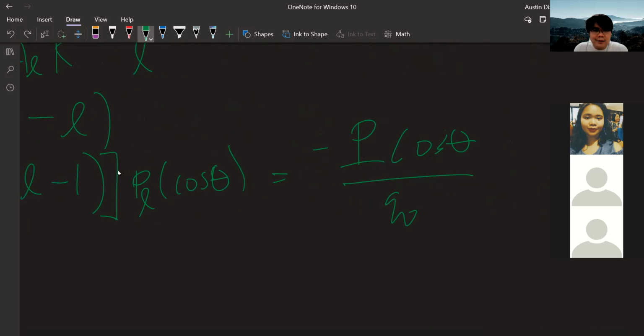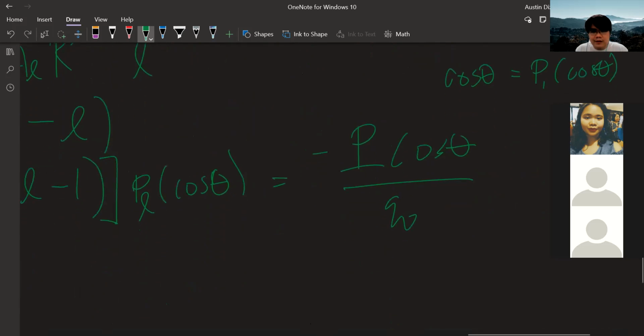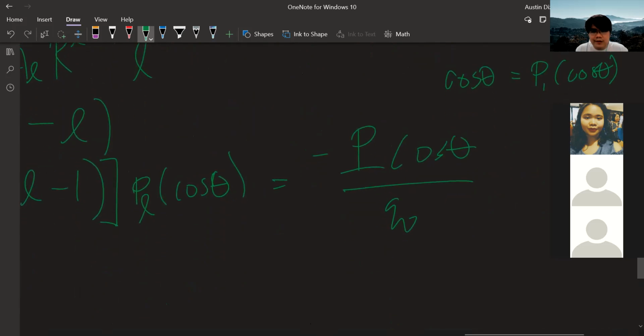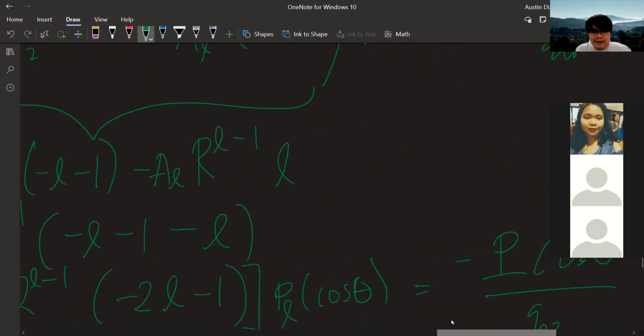And anong P_l yung nagbibigay ng cosine theta? P1. So, cosine theta is just P1 cosine theta. So, the first Legendre polynomial is cosine theta lang.